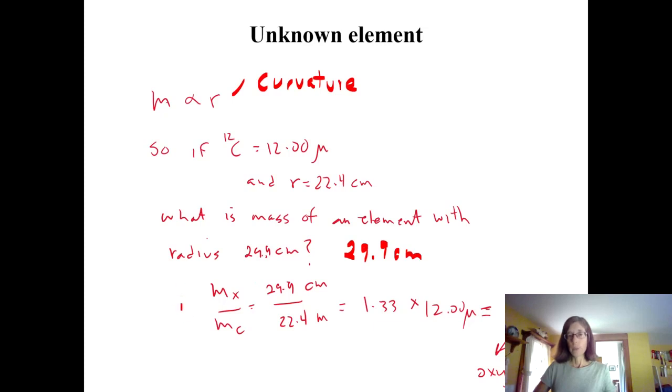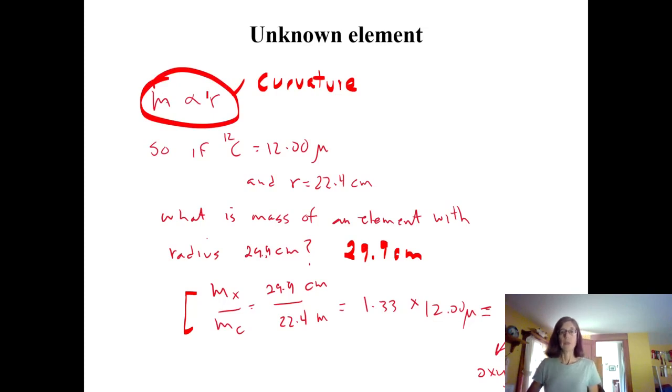Well, we know that the masses should be proportional to the radius of curvature. That's up here, right? And so if we take those and find the ratio, which in this case is 1.33, and then multiply it by the mass of the known carbon atom, then we can make a determination of the mass of the unknown element, which in this case calculates out to 16 atomic mass units.